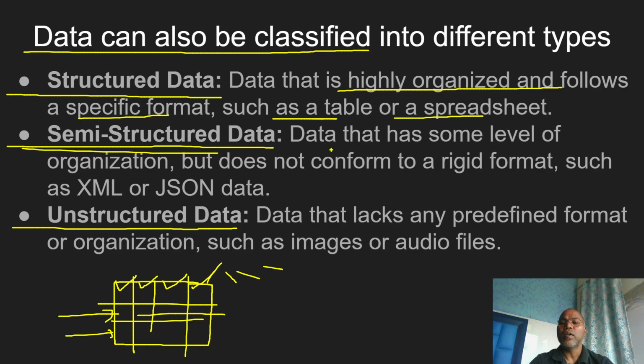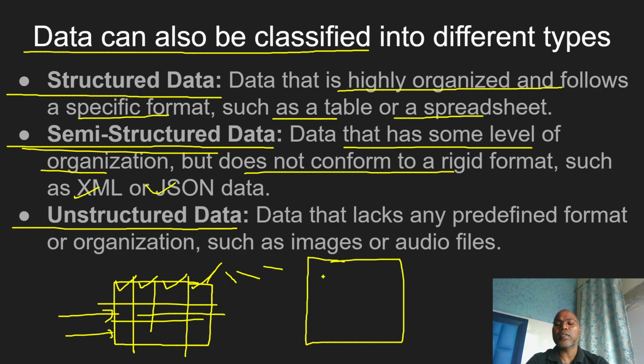Semi-structured data has some level of organization but does not have a rigid format, meaning there is no fixed number of rows. Just like XML or JSON, where generally JSON has one key and one value. We have another key, might be it has an array of value 1, value 2, value 3.